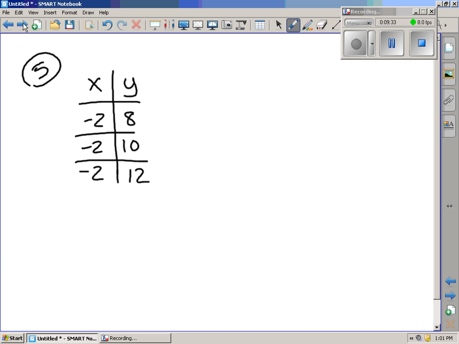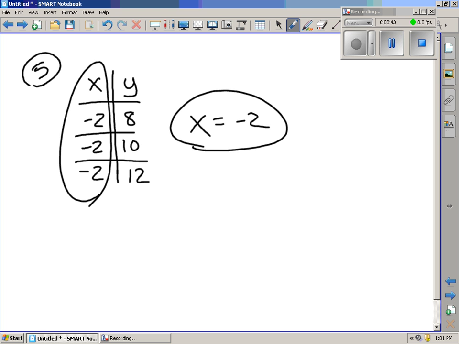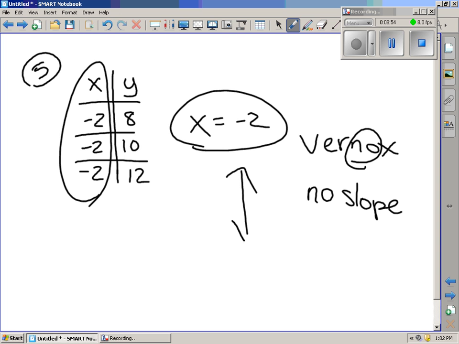All right, number 5 is also a special equation, and you'll notice that x always equals -2, so the equation is simply x equals -2. And this goes with the memory device Ver-Nox. The NO stands for no slope. The VER stands for a vertical line.